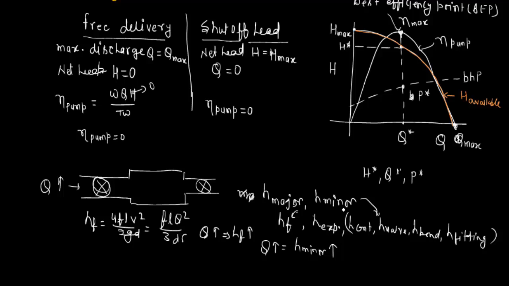So with the increment in the discharge, the head required for our piping system is also going to be increased. Okay, because when we are increasing our discharge, the major head losses increase and the minor head losses increase. So due to that, the required head is also going to increase. But as we are defining, this is the available head for the pump, and obviously you can see here the available head is going to decrease with the increment in discharge.